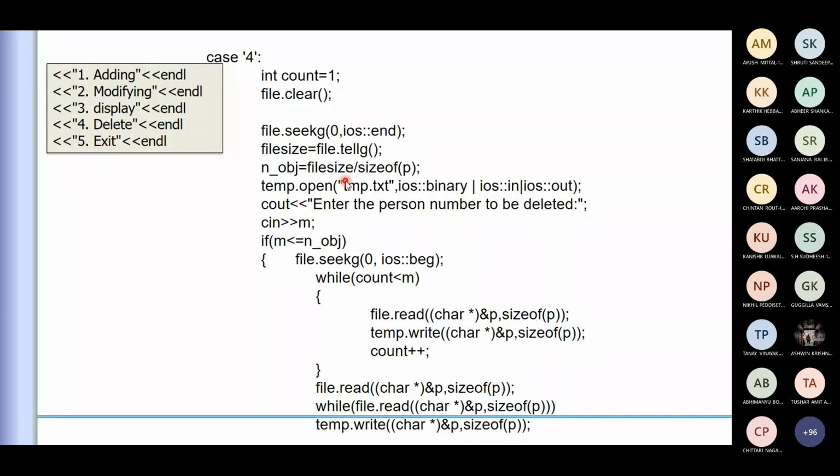There is no direct method to remove content from that particular file. What is the method we are using? See, I want to delete the fourth object. So what we are trying to do is write your file from 0 to 3 and store it into the temporary file.